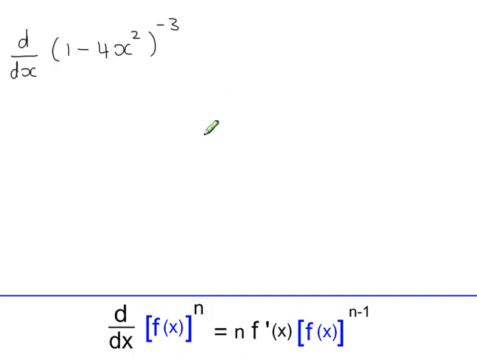Differentiating 1 minus 4x squared to the power of minus 3. So f of x, the inside function here, function inside the brackets, is 1 minus 4x squared, and the n in the formula here is the power of minus 3.